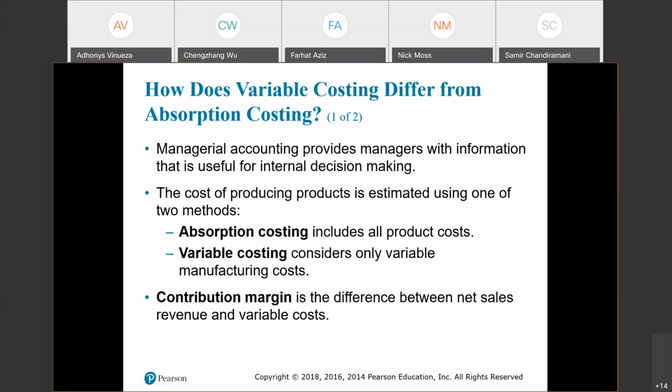And as you have learned in the previous chapter, contribution margin is the difference between net sales revenue and variable cost. It is the amount that first contributes to covering the fixed cost, and after the break-even point, it provides operating income.